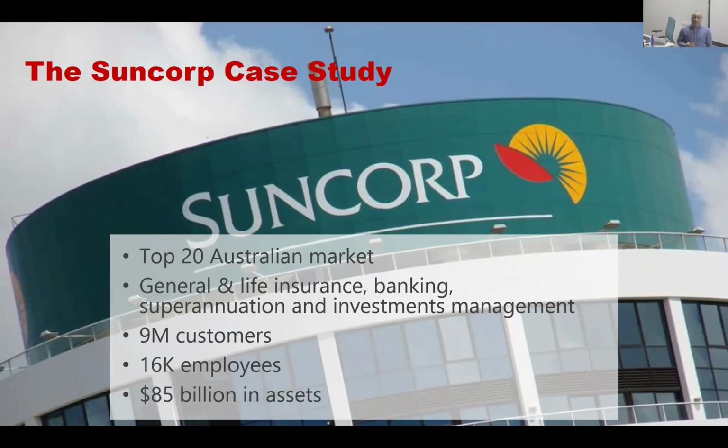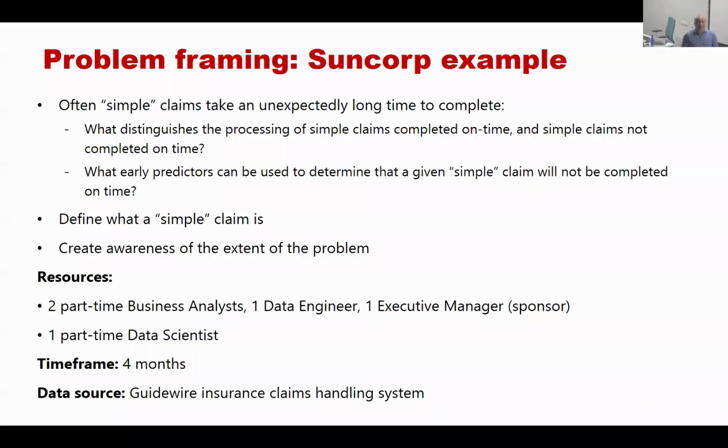So Suncorp is a company that does insurance of all types: commercial insurance, motor vehicle insurance, travel insurance, personal insurance, etc. And they have grown to being the largest Australian insurance group, mainly by acquiring other insurance companies. And over time, that has created a lot of heterogeneity in their processes. So the claims handling process is a hybrid of multiple claims handling processes, and that leads to certain problems.